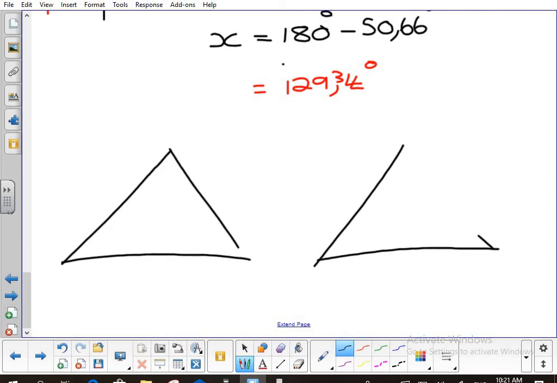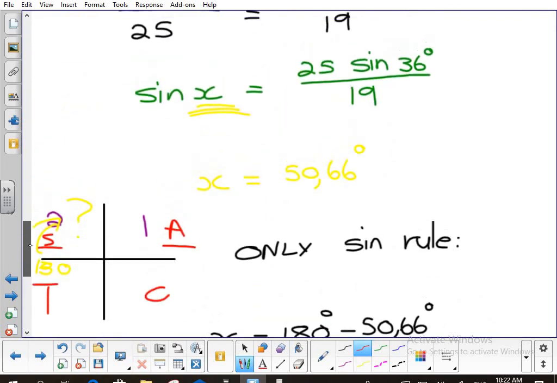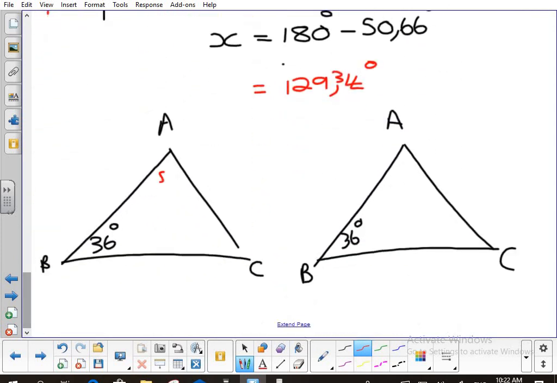I'm going to do two of them. So it's called A, B, and C, and this was set as 36. So what I now basically calculated was, in the first one, that x, this angle here, is 50.66.